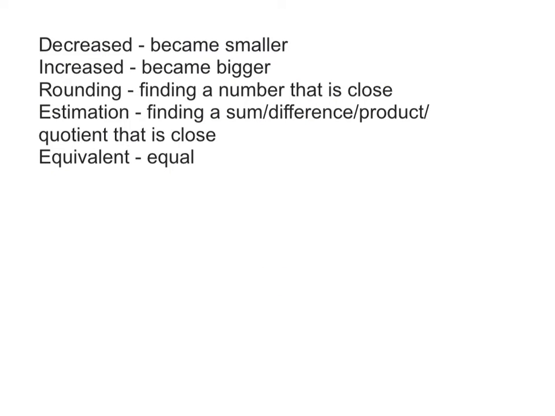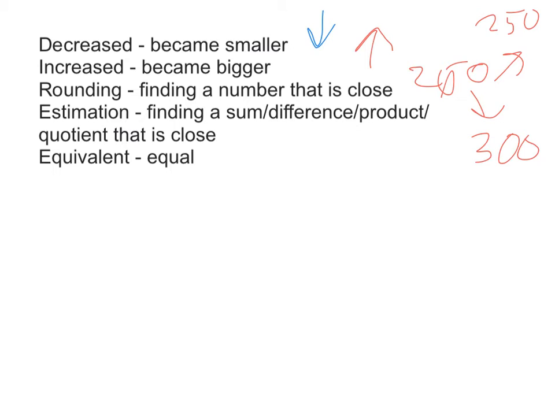Then I've just got a bunch of words here. If something is being decreased, it is getting smaller. But if it's being increased, it's getting bigger. If it's rounding, you just want a number that's close. So like 260 is close to 300 or close to 250. You generally want to use rounding if you're trying to find a number that's easy to work with. Estimation is like the second form of rounding.